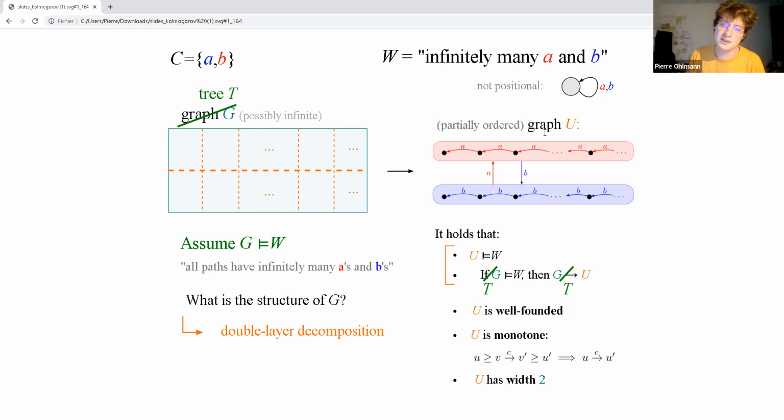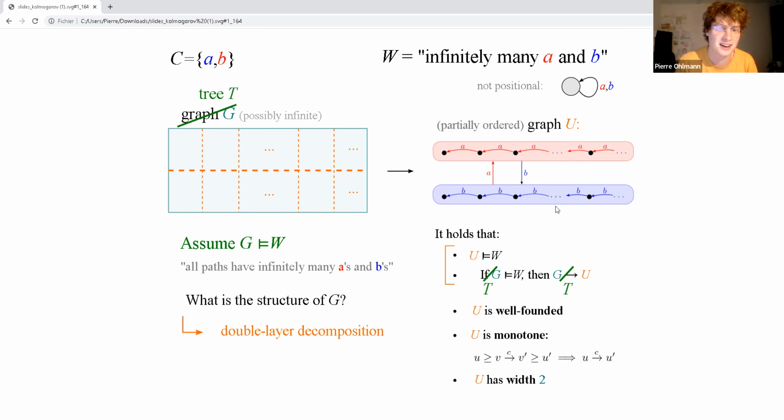So U is a graph, and it's important that it's a graph and not a tree, because we want to have bounded width, but we just need to embed the trees. We can just talk about positionality, it's enough content.